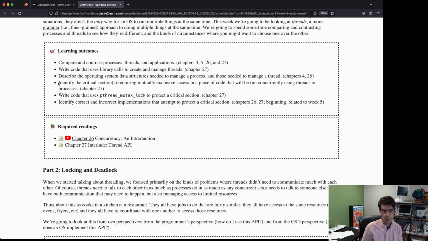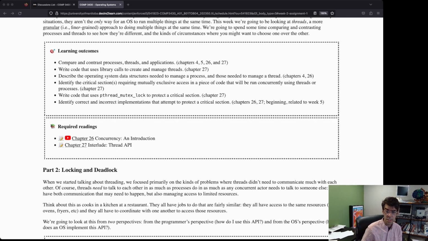This is described in chapter 27, and this was an activity that we spent quite a lot of time in class doing, taking a look at some code examples and trying to find out whether or not there were critical sections in that code. You're going to be implicitly doing this when you're writing code that uses threads, but this is also something that could be on a test.